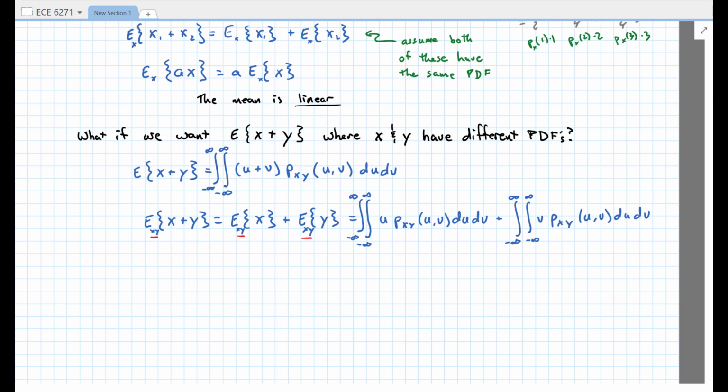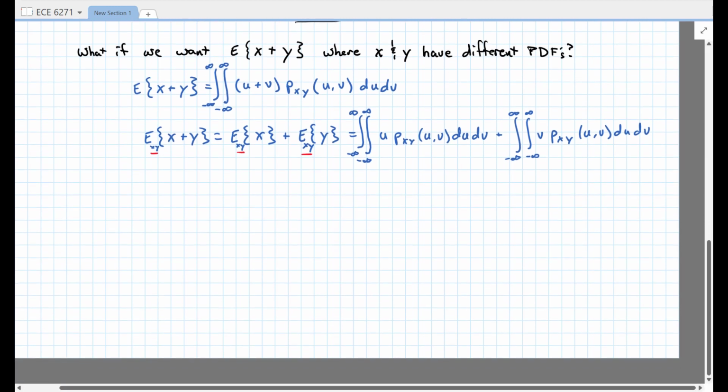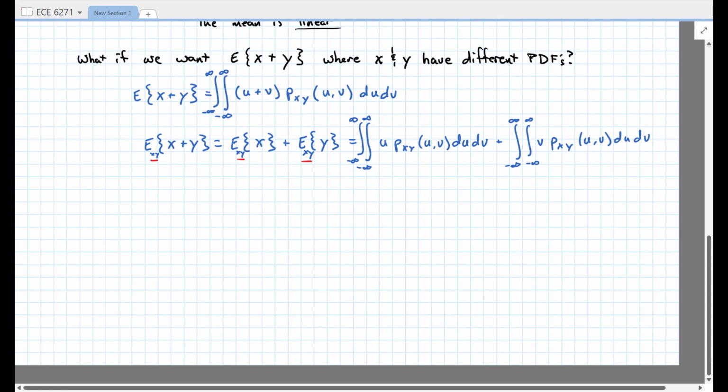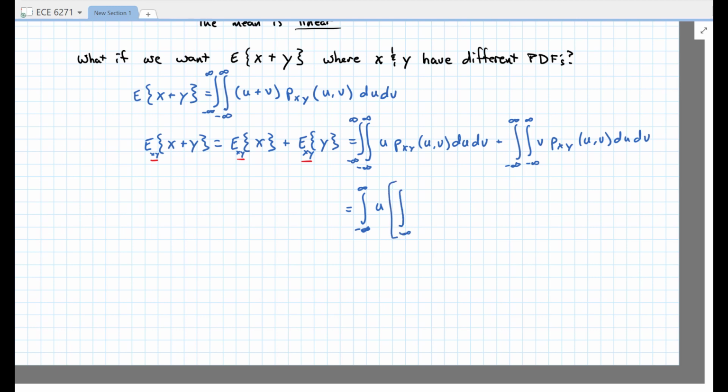Well, we can simplify this a little bit further. Mainly, this is going to be the integral from minus infinity to infinity of u times the integral from minus infinity to infinity of pxy(u, v) dv du.